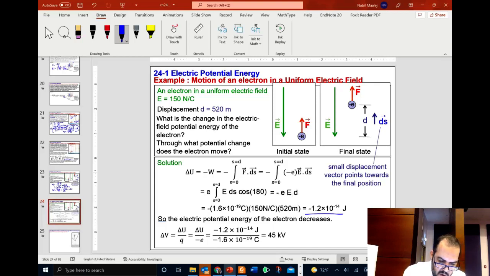We get minus 1.2 times 10 to the minus 14 joules, and delta V, when you divide by minus e, you get 45,000 volts. Okay, so 45,000 volts is the change. So be careful about the signs. I know it's a little bit challenging but keep track of the signs.